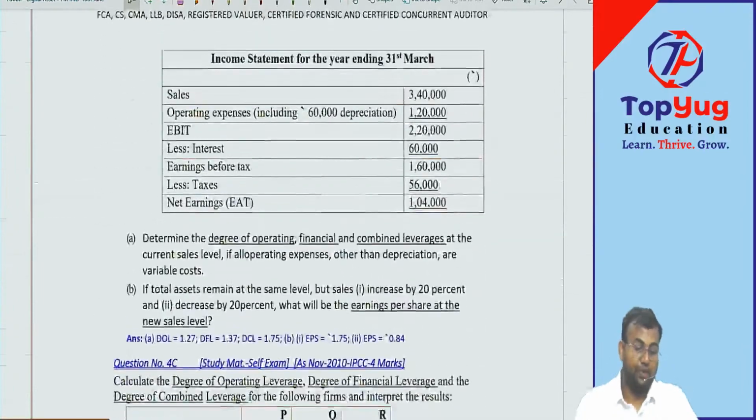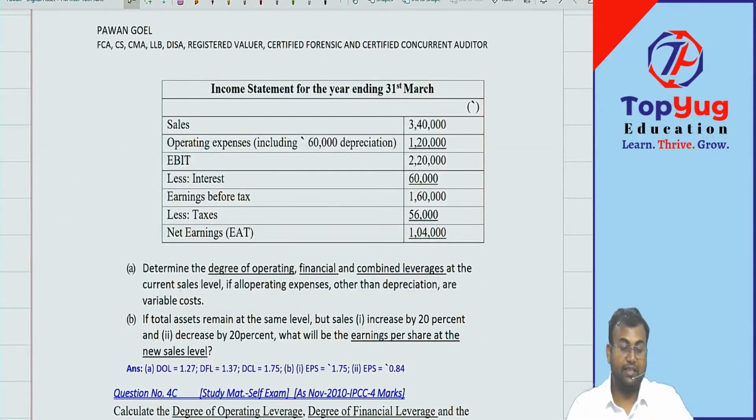Now come down again. Sales is given, operating expenses including depreciation of 60,000. Depreciation is a fixed expense, the rest is variable expense. Then EBIT, less interest, you get EBT, less taxes, you get EAT. Are we all good? Determine the degree of operating, financial and combined leverage at the current sales level. What is the current sales level? 3,40,000.